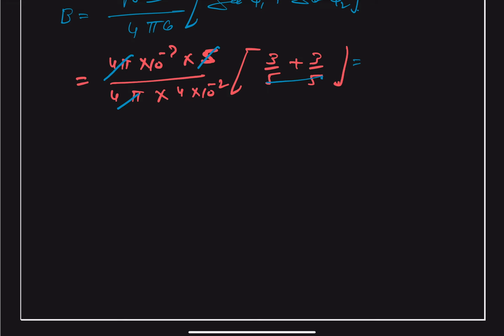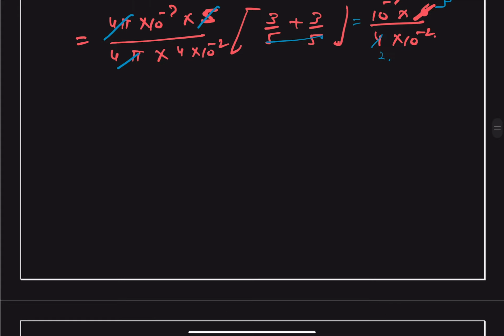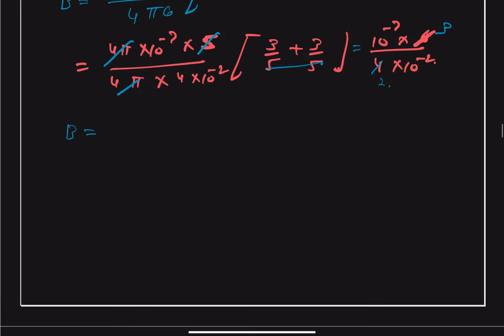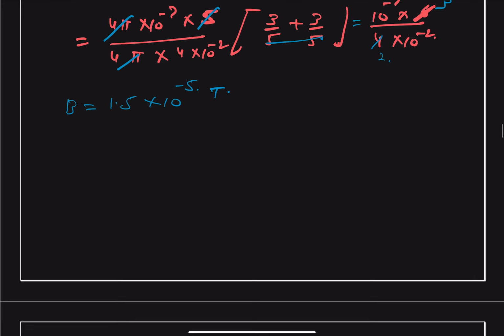So this will be our 10 to the power minus 7 into 6 divided by 4 into 10 to the power minus 2, and this goes by 3 and this goes by 2. Yeah. So we are left with now magnetic field will be our 3 by 2, that is 1.5 into 10 to the power minus 5 Tesla.